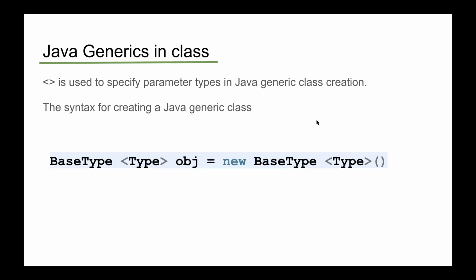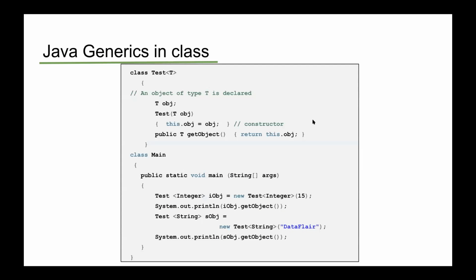So this is how you can use generics in classes, and this is the showcase where you can implement a parameterized class. Here you see our test class can be changed dynamically.